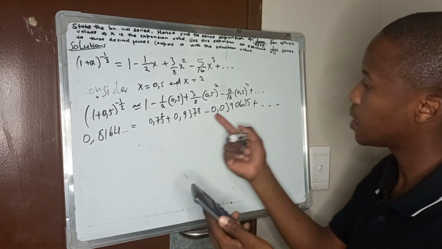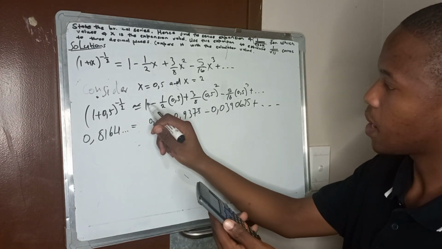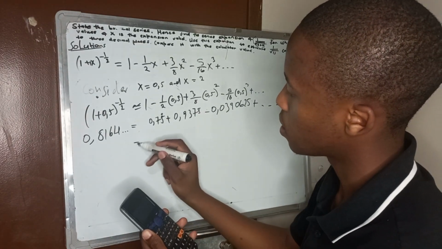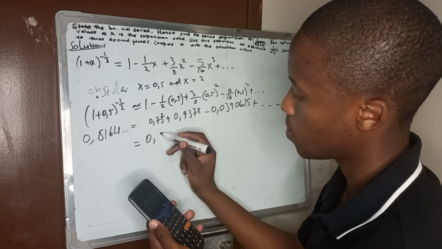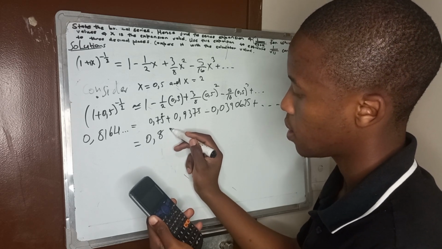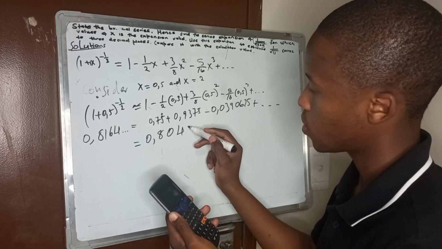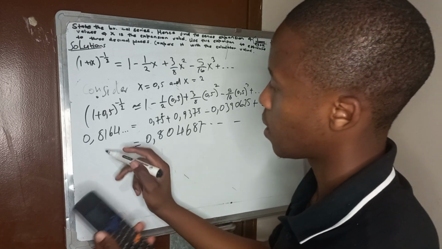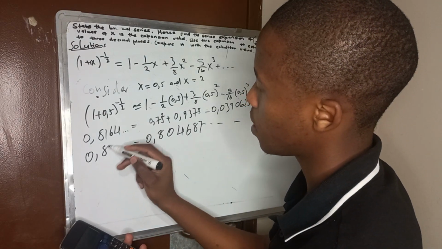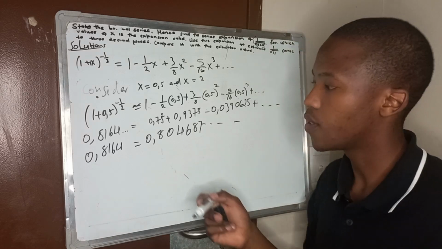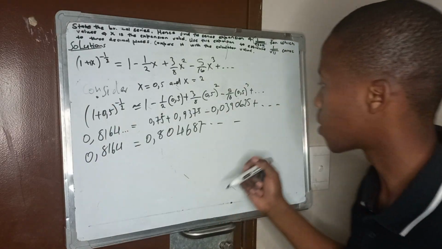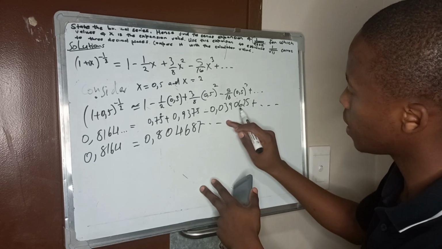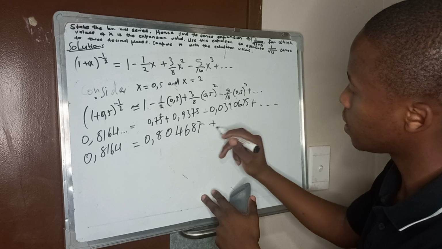I guess I made some mistakes somewhere here, because when I punch this on my calculator, this is what I get: 0.804687... Then on the other side I have 0.8164. Remember that here we keep adding, here we keep adding.